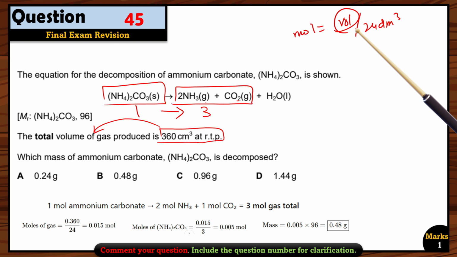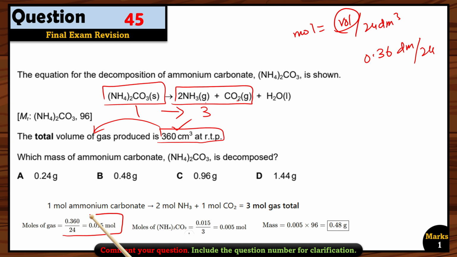Volume is 360 centimeter cube. Remember, we have to change it into dm cube. It will be 0.36 dm cube, divided by 24. So 0.36 divided by 24, what will be the moles of the gas? It's 0.015.